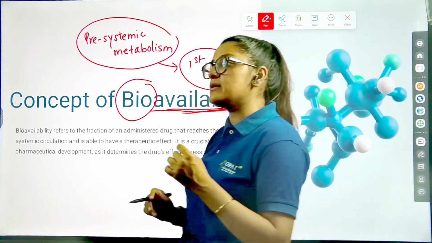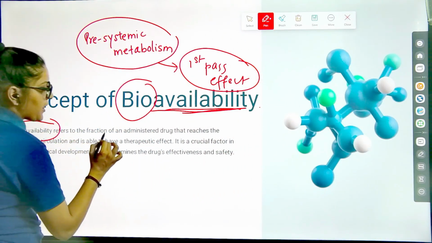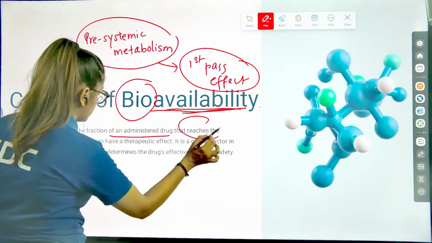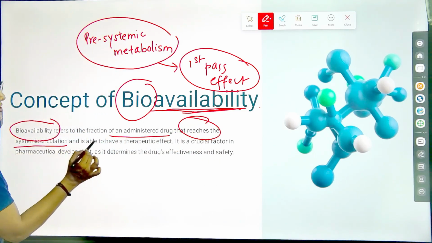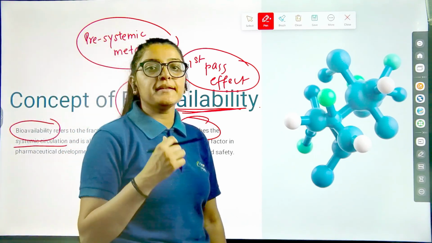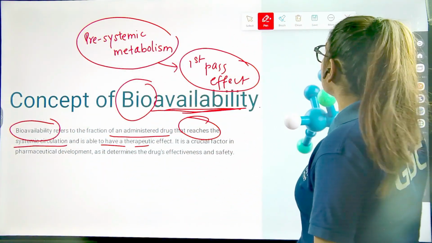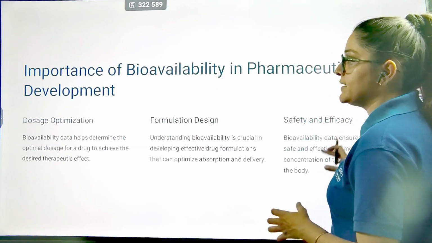So the bioavailable fraction is the fraction of the administered drug that reaches the systemic circulation in an unchanged form. This will determine the effectiveness of the drug. This is the basic meaning of bioavailability, right?